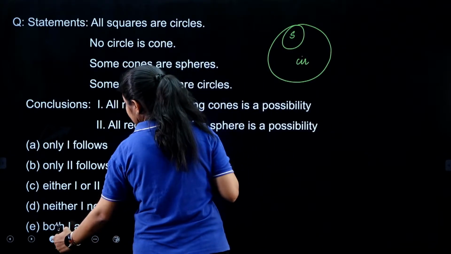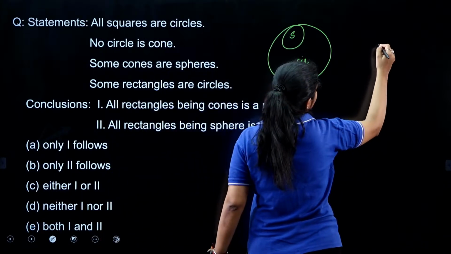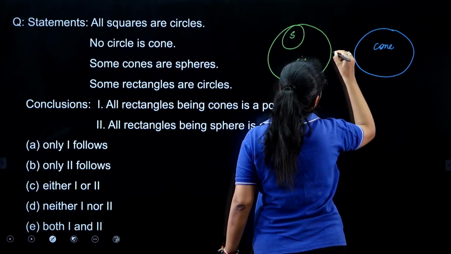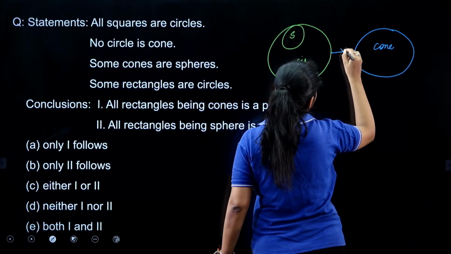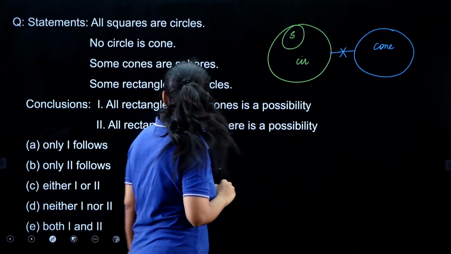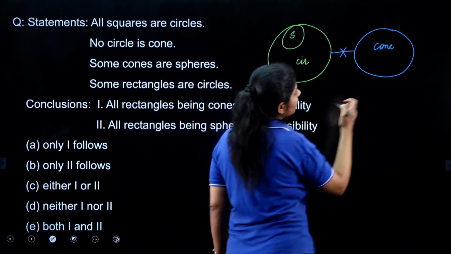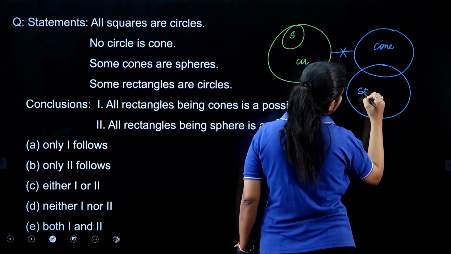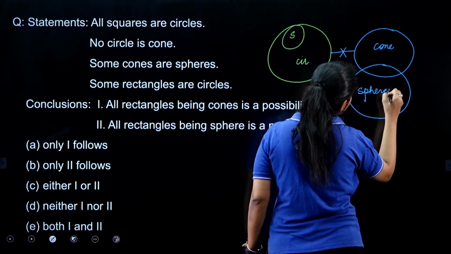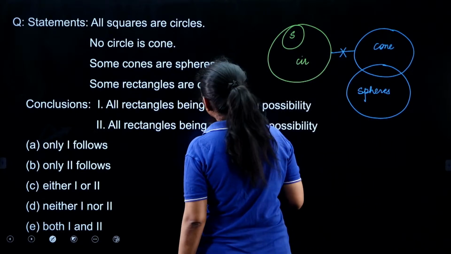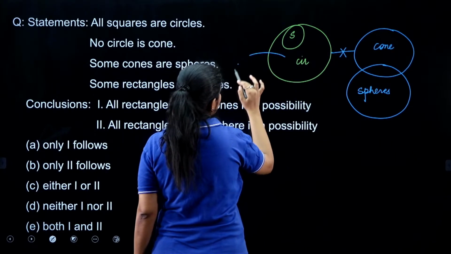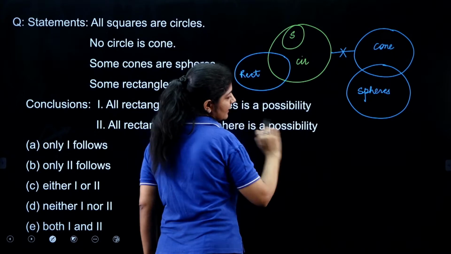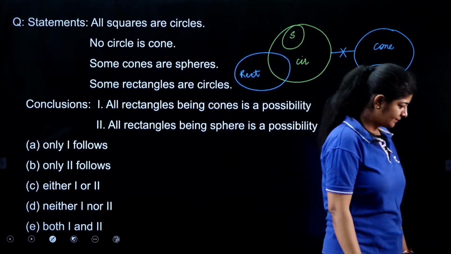No circle is a cone. There is no connection in between these two entities. Next, some cones are spheres. Some rectangles are circle. So this is my diagram, right?